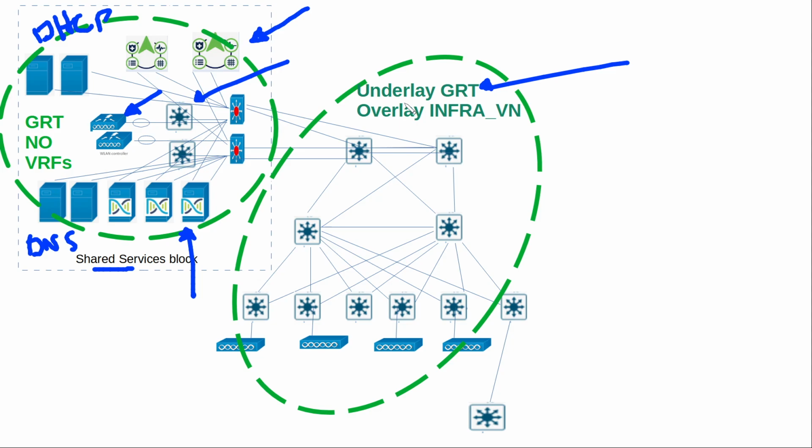And by default, the fabric creates some virtual networks, for instance the INFRA virtual network, but this particular virtual network maps to the global routing table within my fabric.